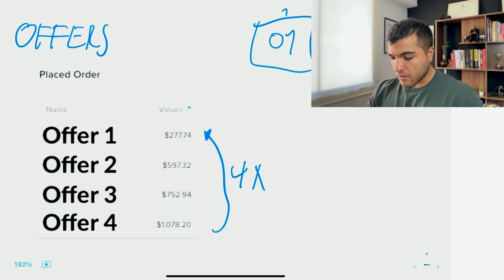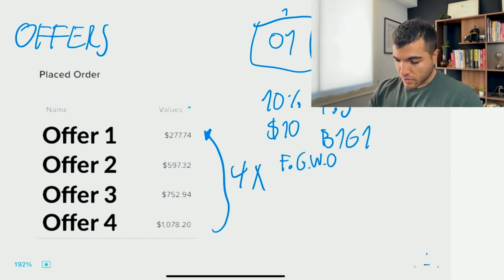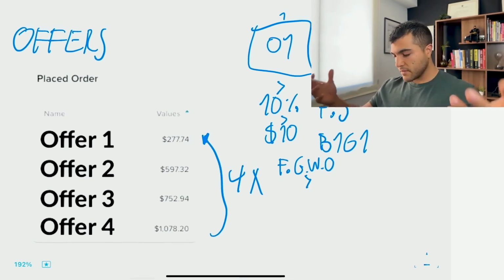And by offer, I mean testing a percentage discount versus a flat rate discount versus free shipping versus buy one get one, buy 1 get 2, buy 1 get a free gift with offer. Then you can also add a threshold to each one of these. So 10% off on orders over a certain amount, free shipping on orders over a certain amount, $10 off orders over a certain amount, free gift with offer on orders over a certain amount.